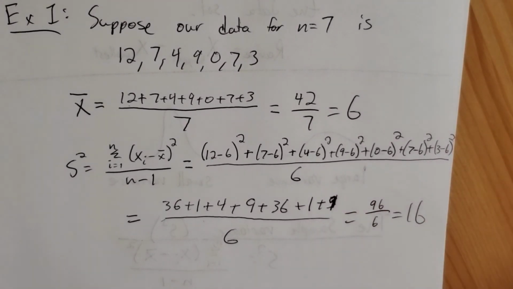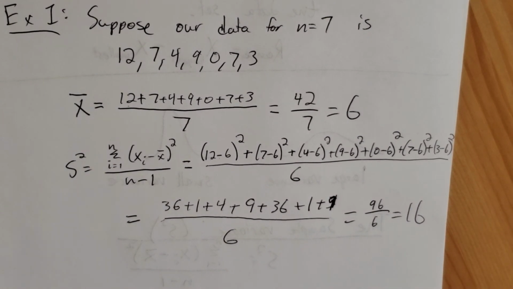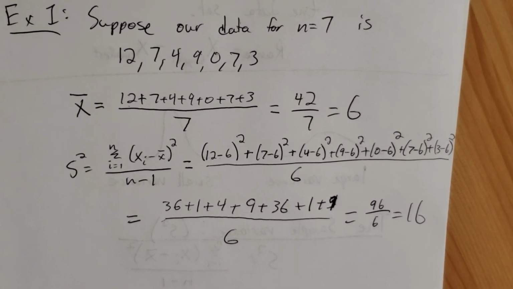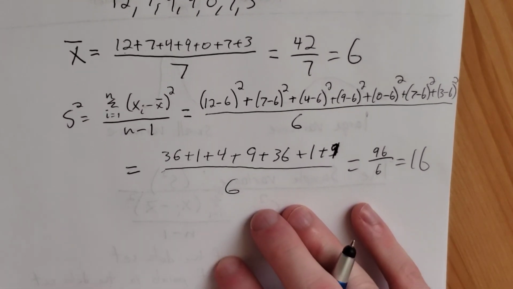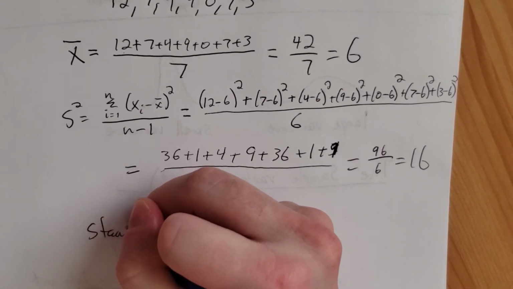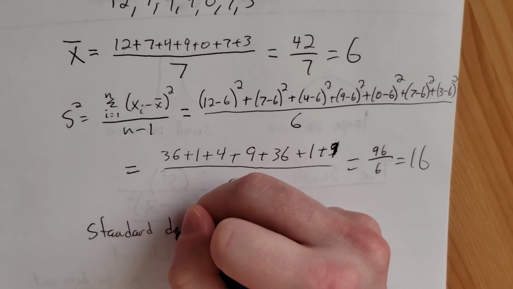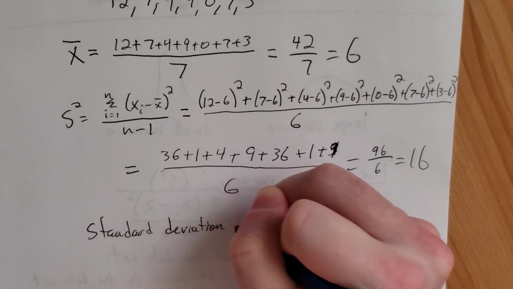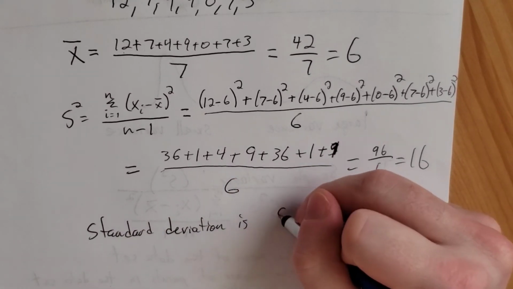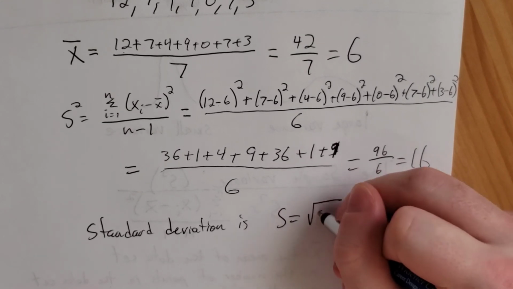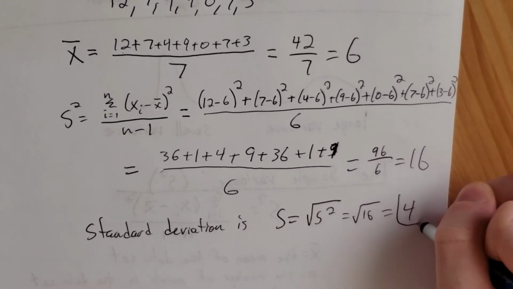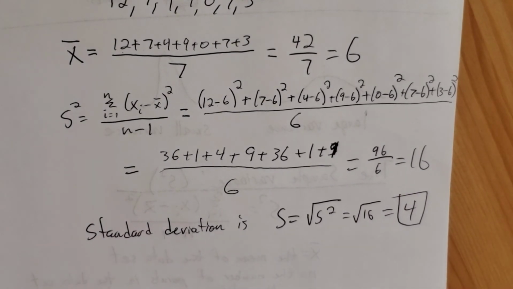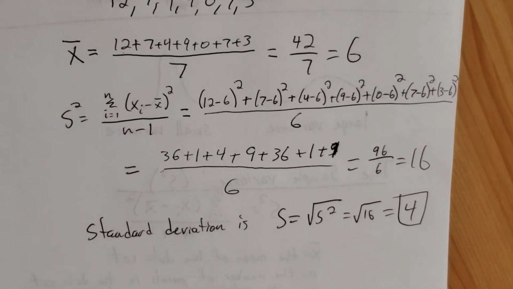And so that is 16. And again, this is our variance, which is s squared. So our standard deviation is s equal to the square root of s squared, which is the square root of 16, which is 4. And that's where we will end this video.